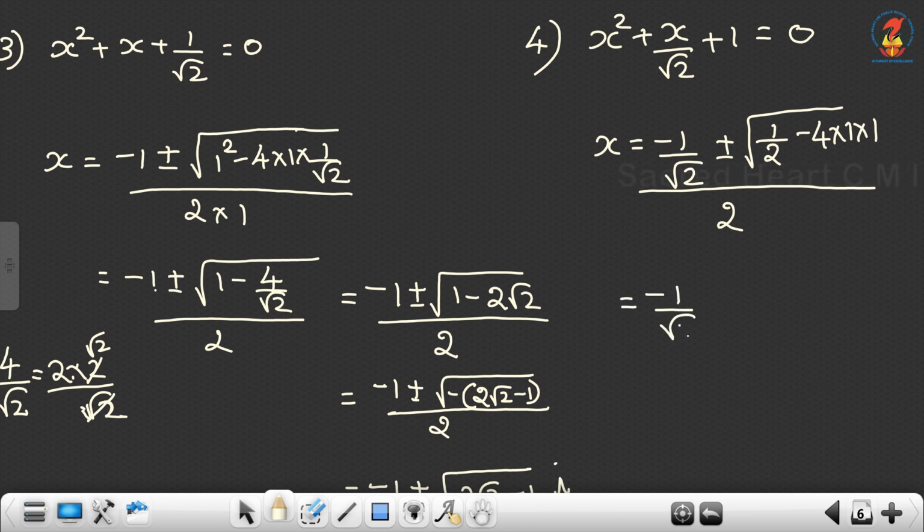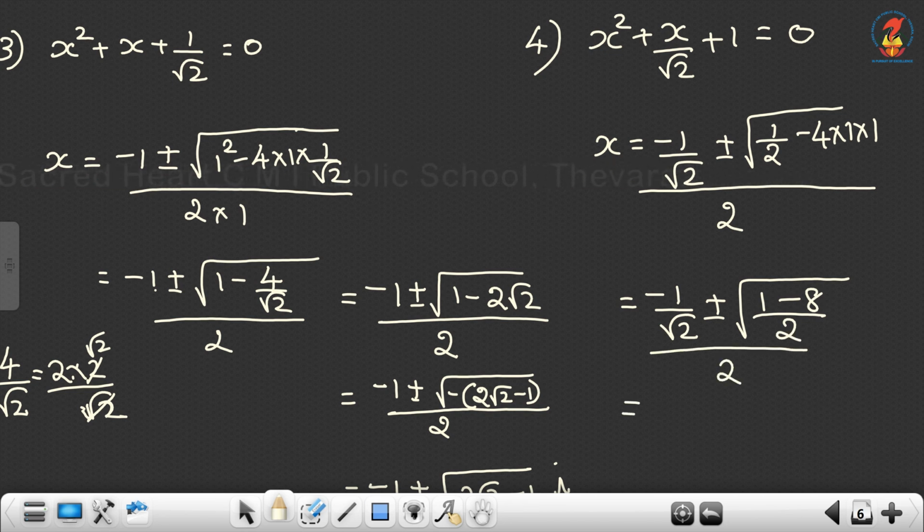So minus 1 by root 2 plus or minus root of 1 by 2 minus 4, or when we cross multiply that is same as 1 minus 8 by 2, or minus 1 plus or minus root of minus 7. Here root 2, here I can write root 2, then by 2.